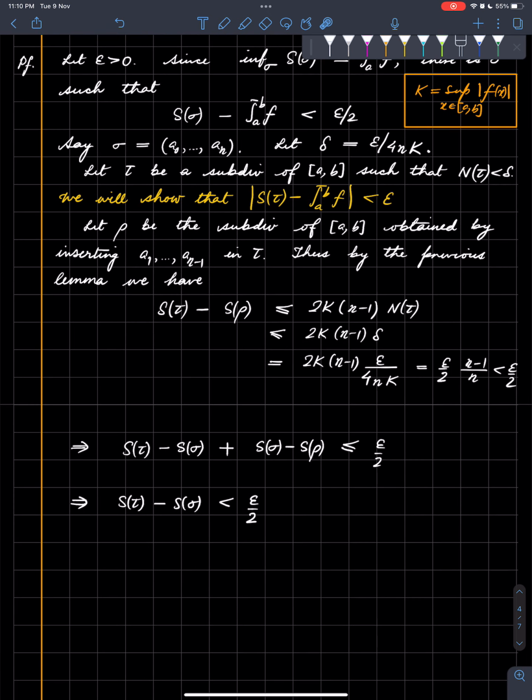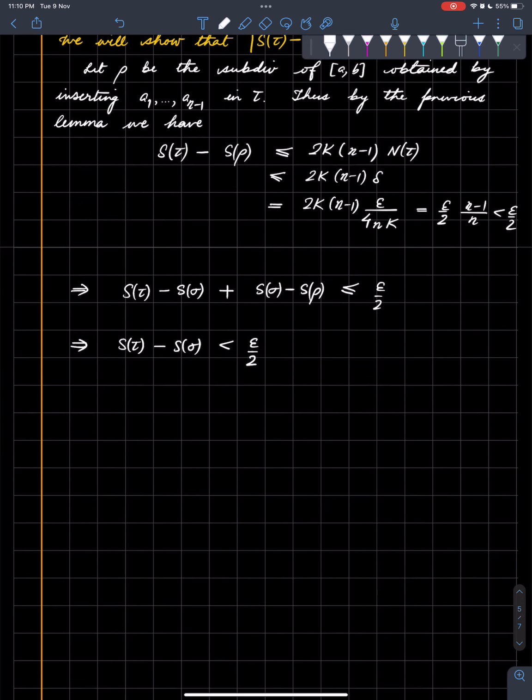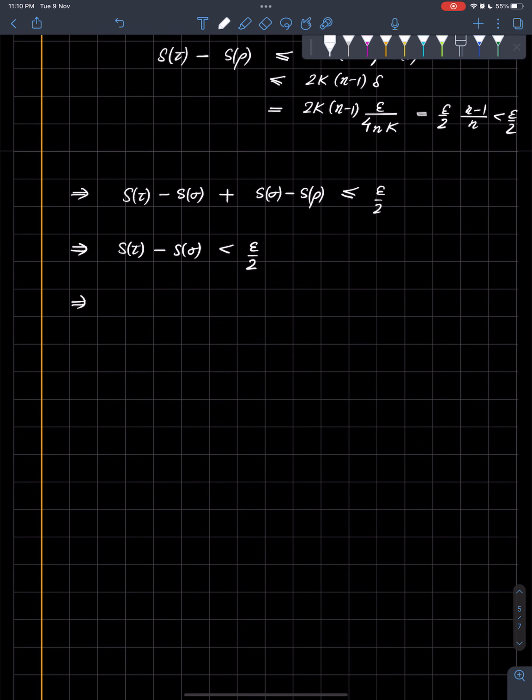But now if we use that also, basically add this to that and that to that, we will get, which implies S tau minus the upper integral is at most epsilon, which is same as saying that the absolute value is at most epsilon, because of course this is not less than that.